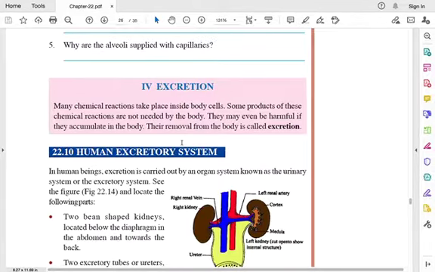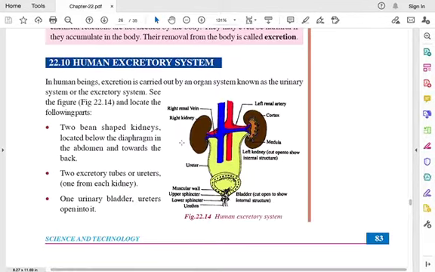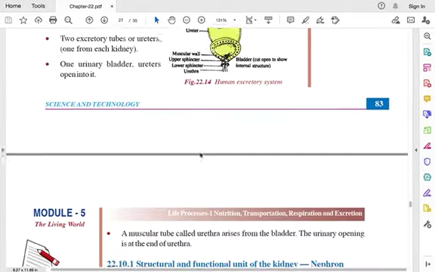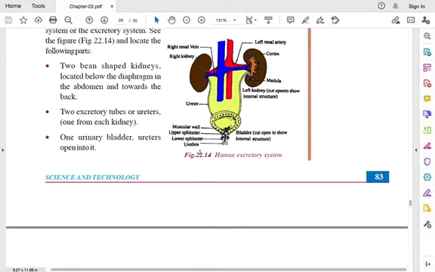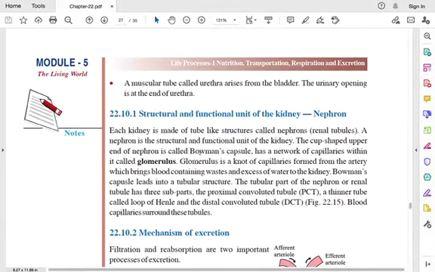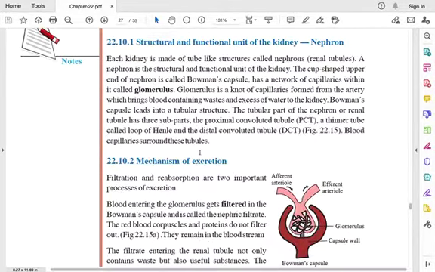Then finally we came to excretion. We saw in detail about the kidney, human excretory system, okay, how urine is formed and what happens during that process. Then we saw the structural and functional unit of kidney. You have to remember that nephron is the structural and functional unit of kidney, while neuron is the functional unit of brain.